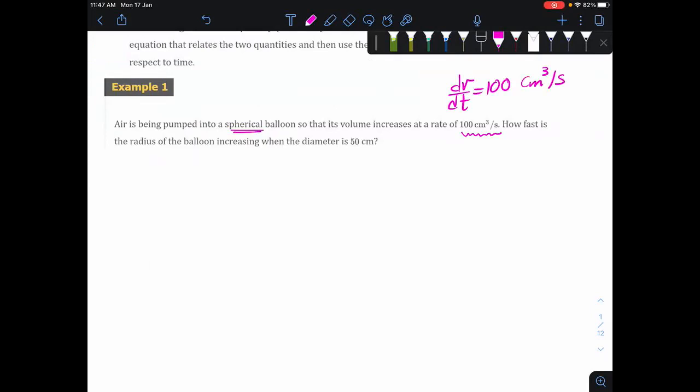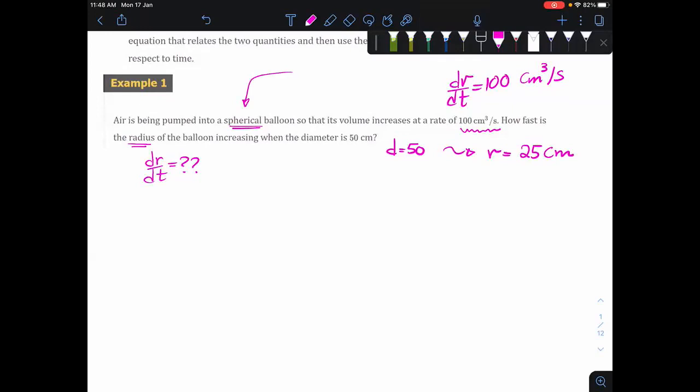This is the rate of change of the volume with respect to time. When I ask how fast is the radius, dr over dt is the unknown. When the diameter is 50, the radius is simply half the diameter, which is 25 centimeters.